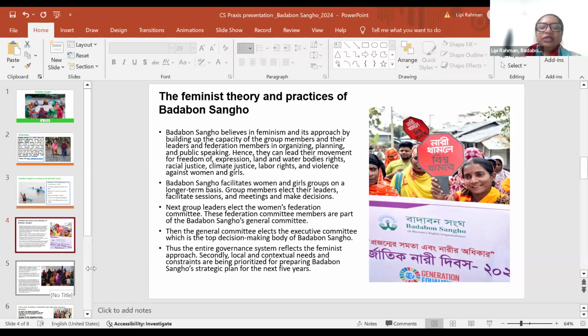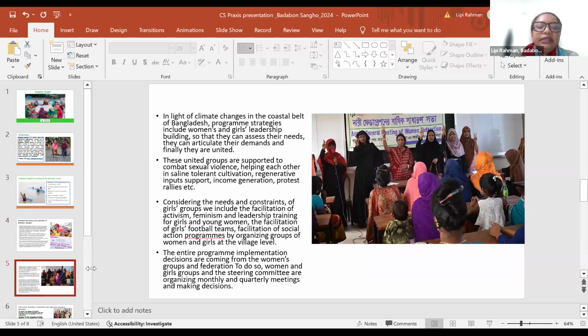As we are working in climate-change-impacted areas, we have found that women and girls are mostly affected by climate change. They have issues like sexual and reproductive health and livelihood issues, violence against women is increasing, and child marriage is increasing. They are deprived of other services, and as fisher women and women farmers they are not recognized and not getting support.